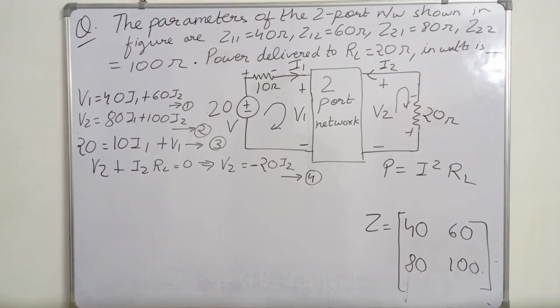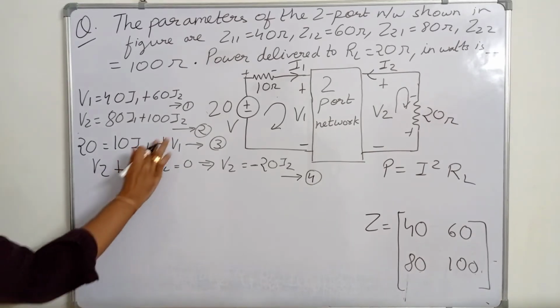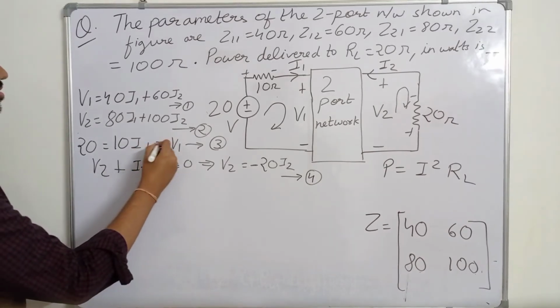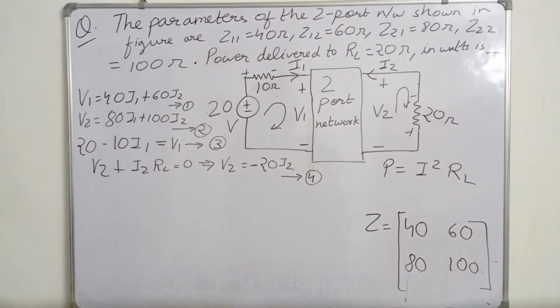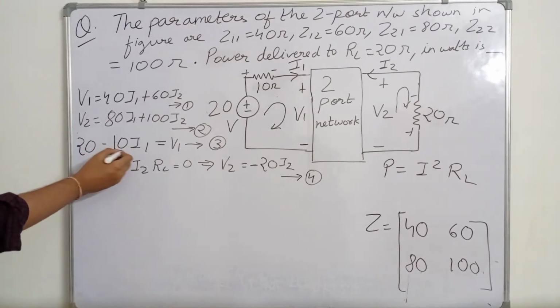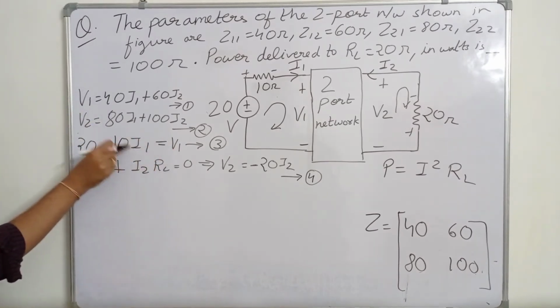From 3 we can get V1 equal to 20 minus 10 I1. So we can substitute this value in equation 1.